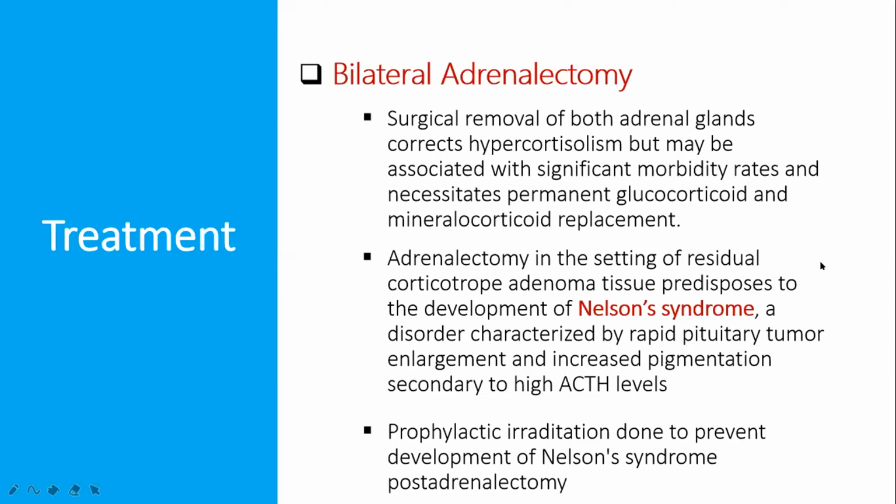Adrenalectomy in the setting of residual corticotrope adenoma tissue predisposes to the development of Nelson syndrome, which is a syndrome characterized by rapid pituitary tumor enlargement and increased pigmentation secondary to high ACTH levels. So in order to prevent the development of Nelson syndrome, we do prophylactic irradiation post-adrenalectomy. So that would be all for my two topics for this day.